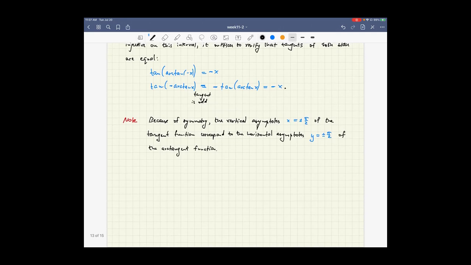And so the graph will look the following way. Let's say this is pi over 2 here.